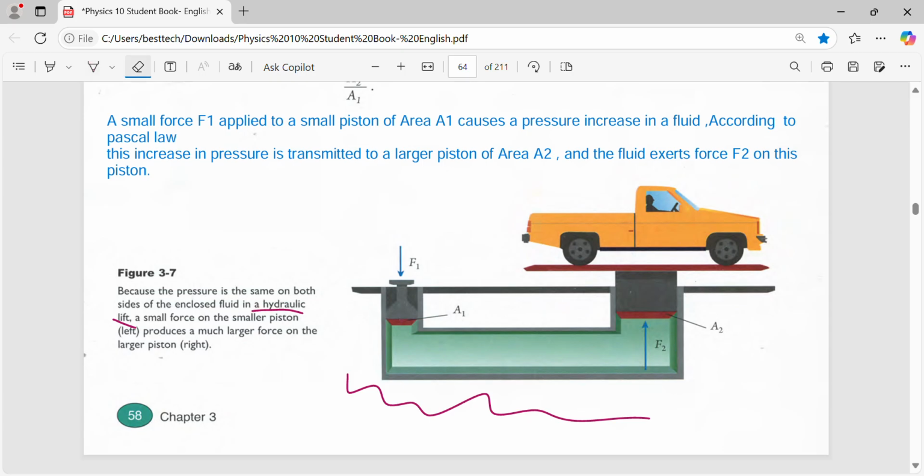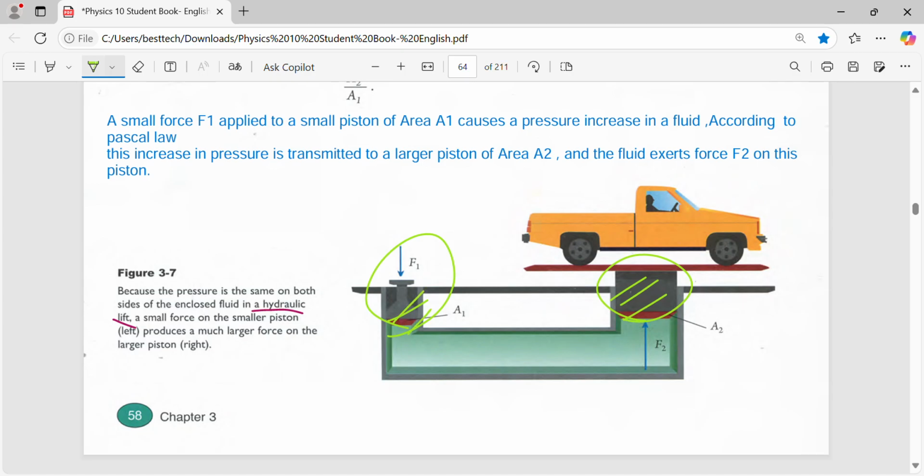Let me explain what Pascal's principle is and how the process works. Guys, look. First, we have two sides: area number 1, area number 2. Each area is called a piston. Area number 1 is called the first area, or the small piston. Area number 2 is called the second piston.